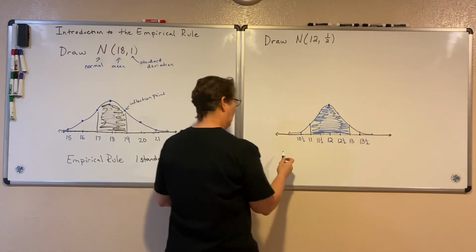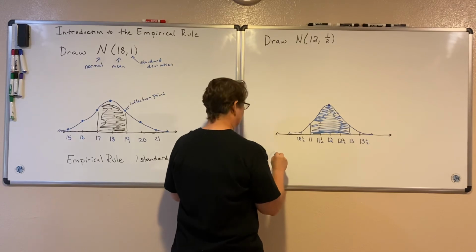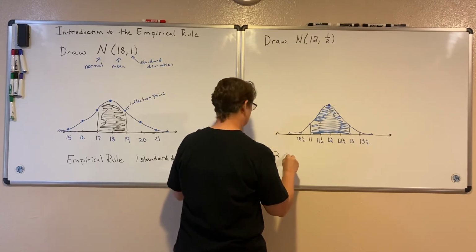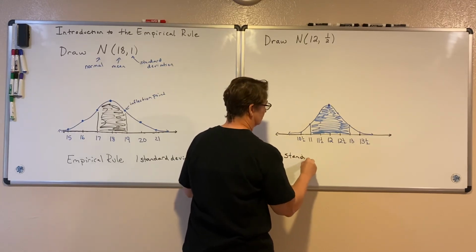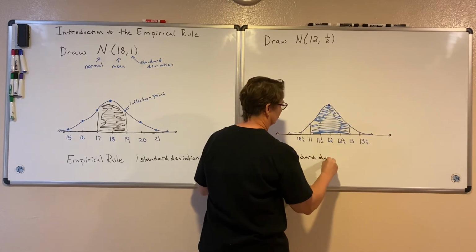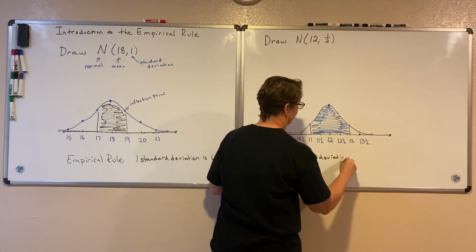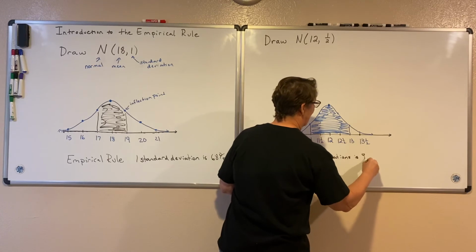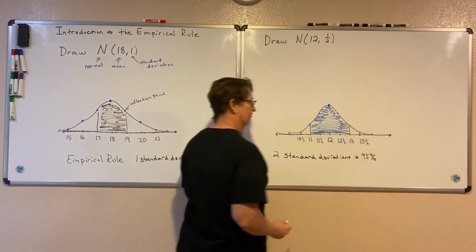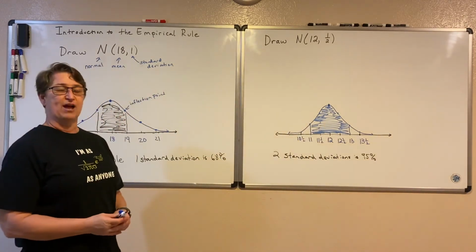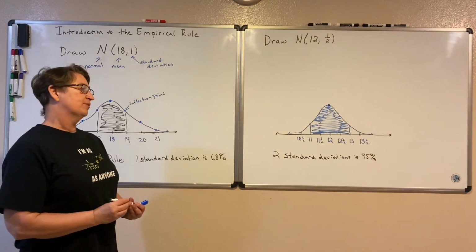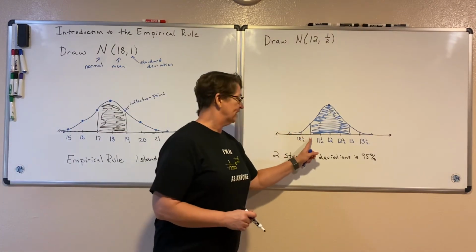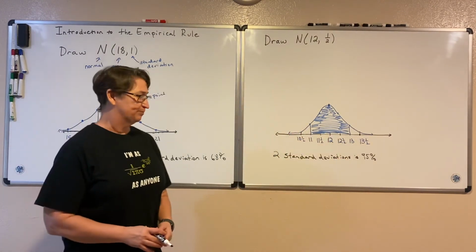So let me write that down. Within 2 standard deviations is 95% of my curve, or 95% of the area is there between 2 standard deviations.